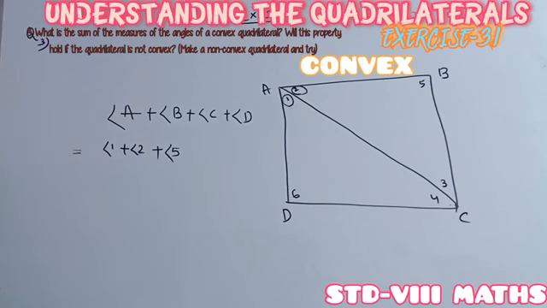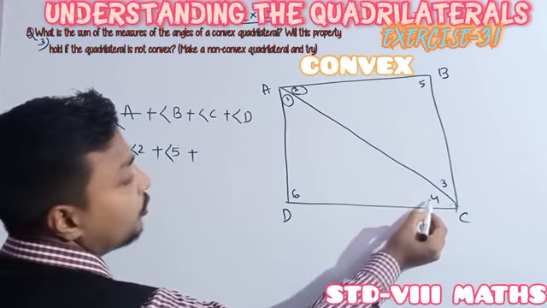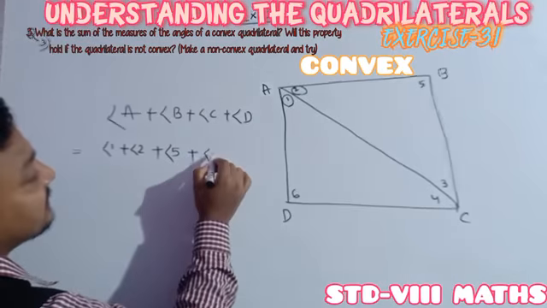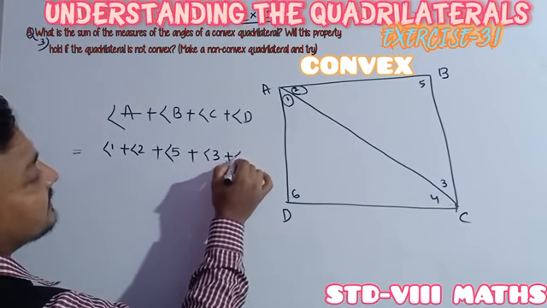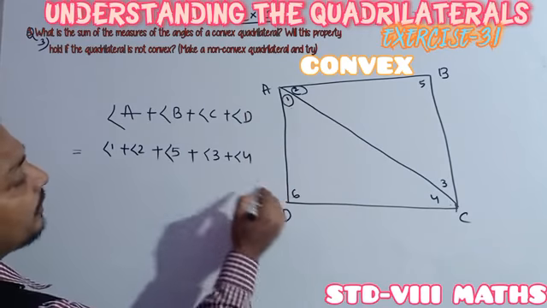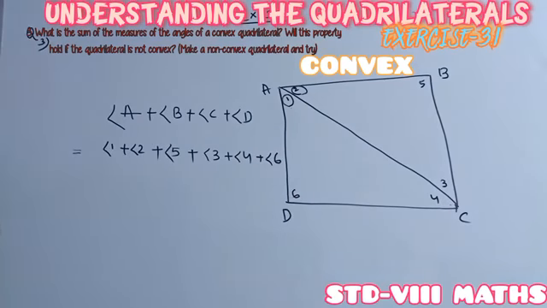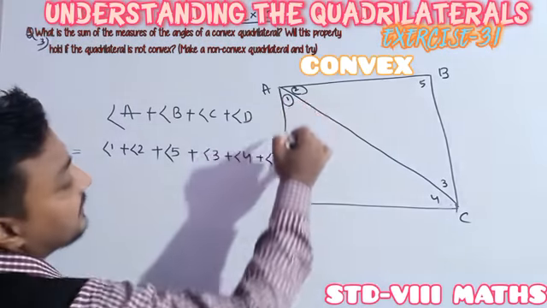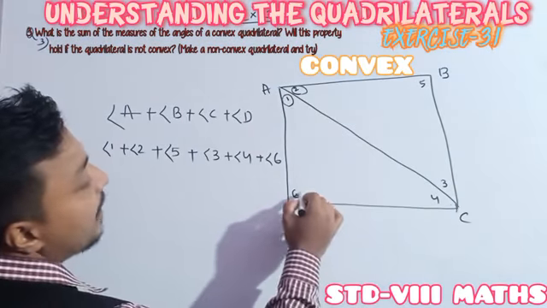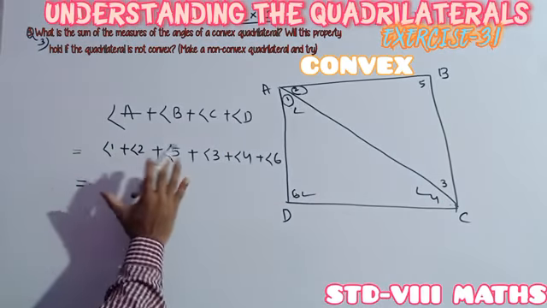Angle C is the sum of two small angles, angle 3 and angle 4. And in place of angle D, it is only angle 6. Understood? So here we have 1, 6, 4, making it one group.